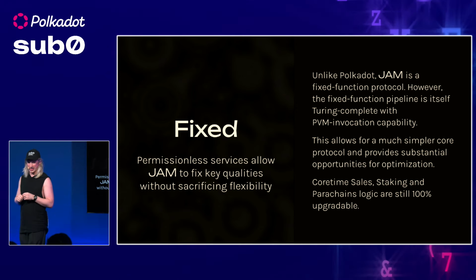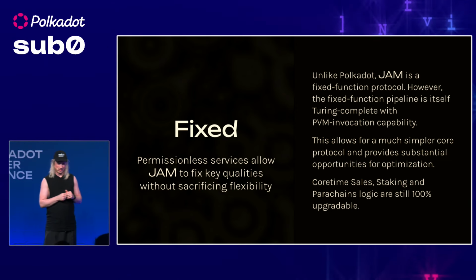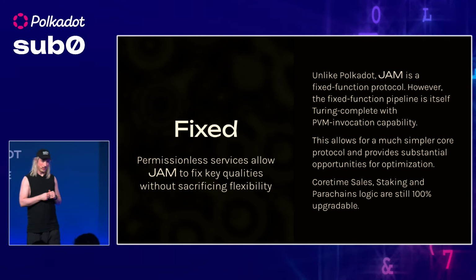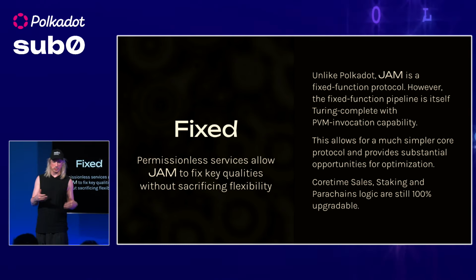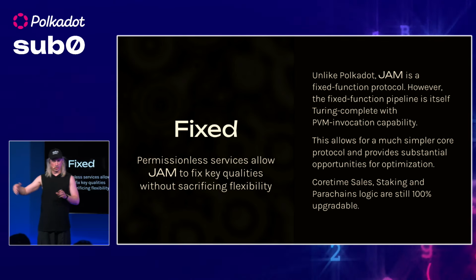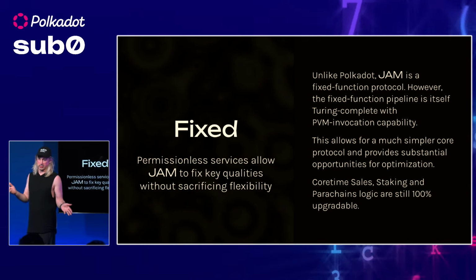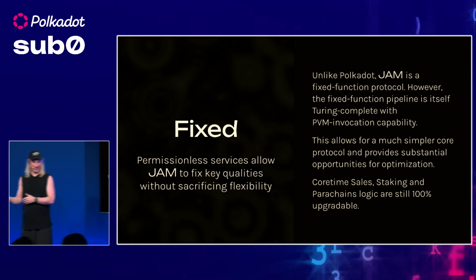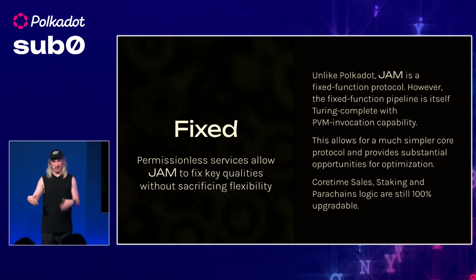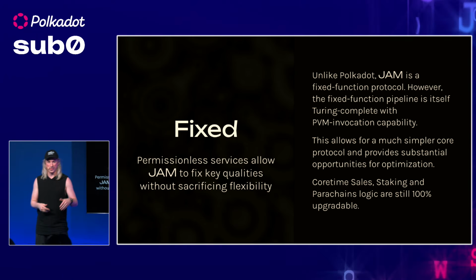I don't know if anyone can guess what. So it fixes the language, the meta language really, by which the protocol is defined. It fixes WASM. Yeah? You can only upgrade a relay chain to another WASM blob. You can't upgrade it to like a PVM RISC-V blob or whatever.